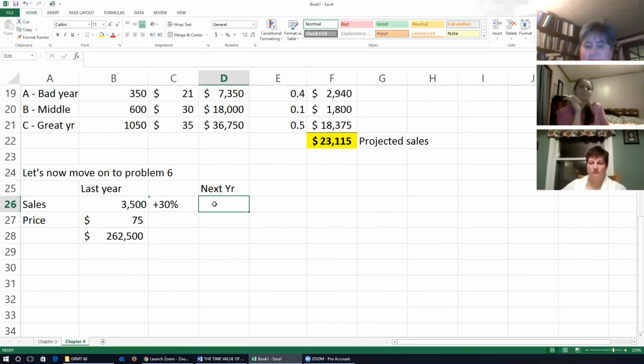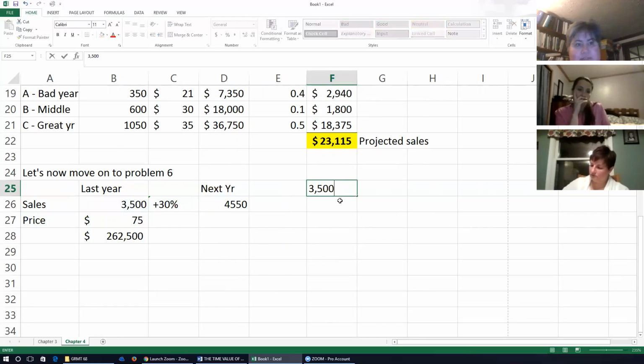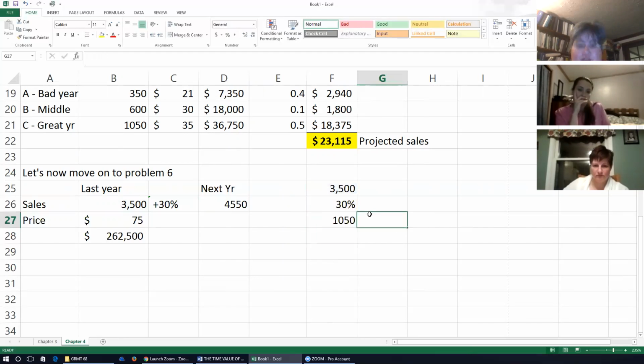So when you do the math, you actually want to go 3,500 times 130%. To work it out a little slower, 3,500, 30% of that is 1,050 increase.